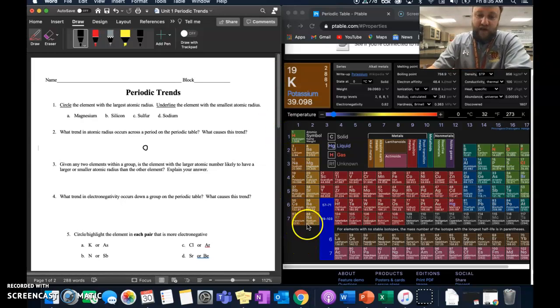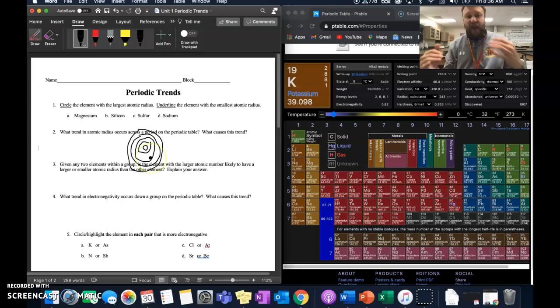Francium's in period 7, so that means it's going to have 7 energy levels in its atom. So each time you add an energy level, you're adding size. So that kind of makes sense of why that is, that our atom gets bigger as we go down each period. Just because we keep adding a layer to the atom.